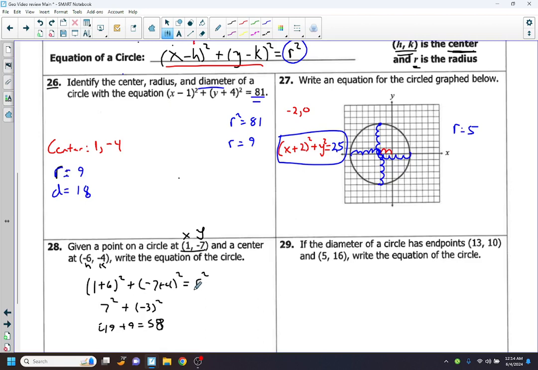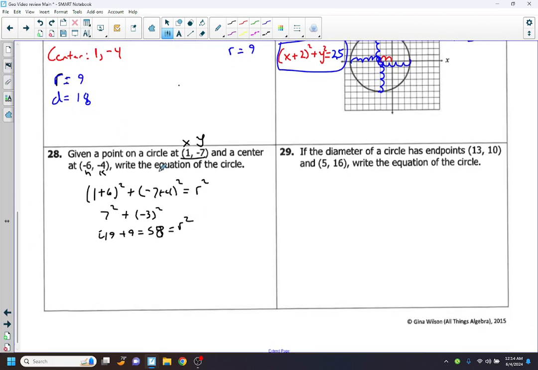Because it's 58, and that equals r squared. Now remember, I don't really need the radius, I just need the equation. So I don't need the square root of 58. So I'm just going to write it generically, (x + 6)² + (y + 4)² = 58. Remember, I don't need the square root for that because I'm just writing the equation.